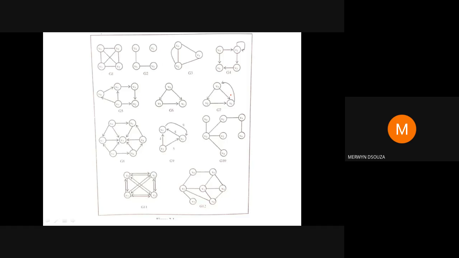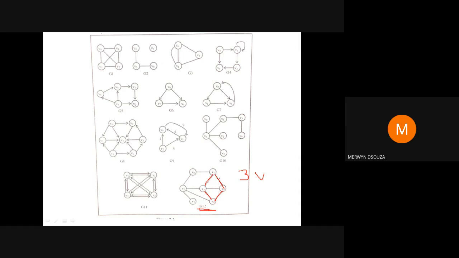In graph G12, the path V1 to V4 to V6 to V3 and back to V1 is a cycle, because at least 3 vertices are involved.